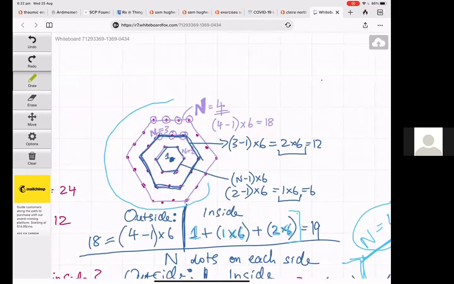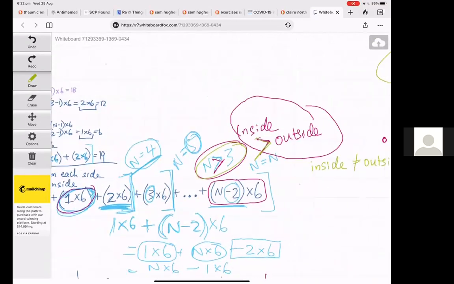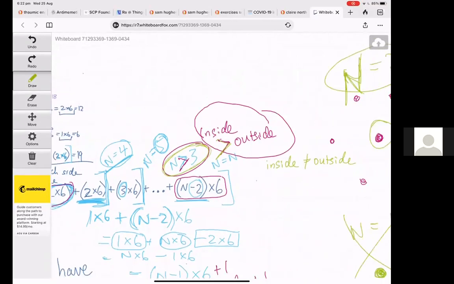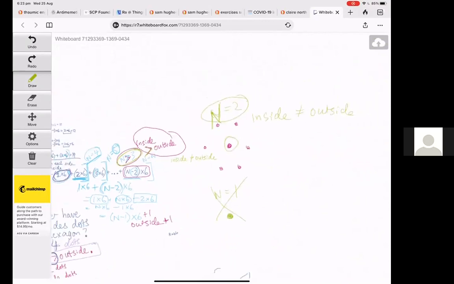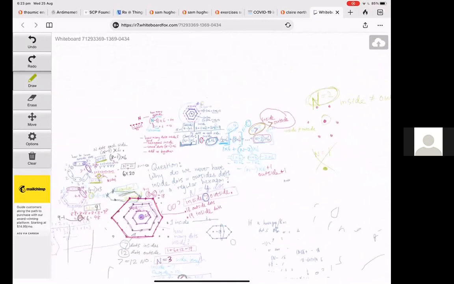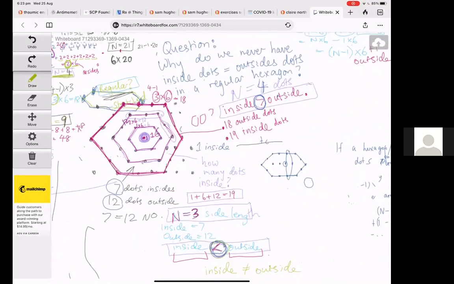You can't just show it for this size hexagon. You have to show that it's true for every size hexagon. And we basically checked every size. So this one checked all of the hexagons that were bigger than 4. And then we just drew out the 2 case as well as the 3 case.